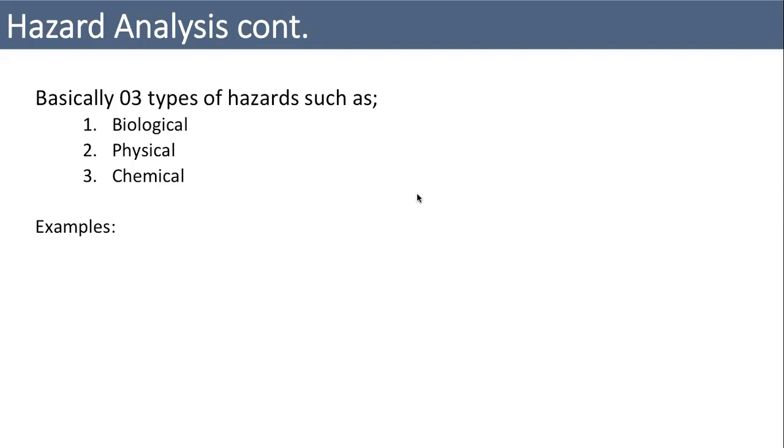No idea. Adushani, Manuri Dhanasuriya, you mean an example for a biological hazard? Good. Okay, like bacteria, viruses. Very good.